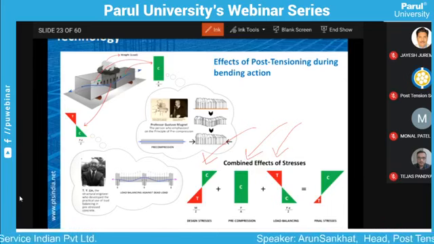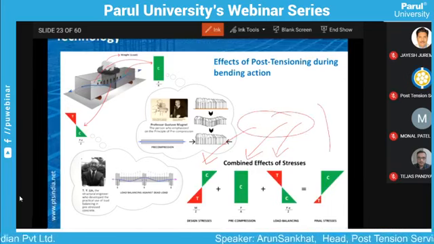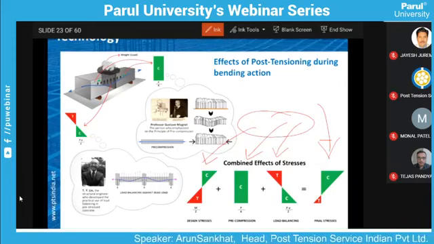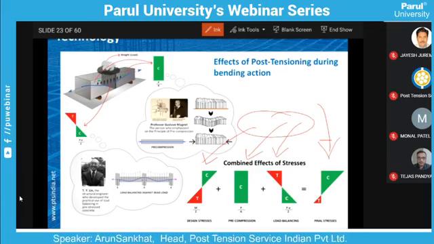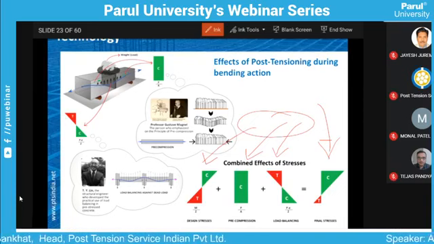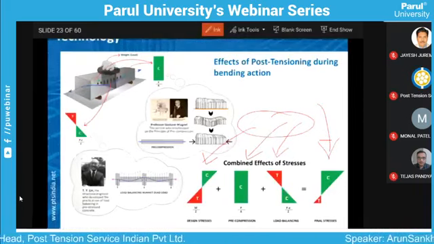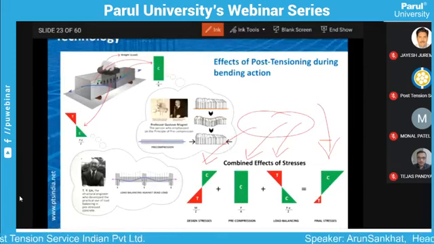And the overall scenario of these three is the net behavior or final stress diagram, wherein you can have control over your stresses, whether compressive or tensile. You can control those things, and here there is very little tensile stress.